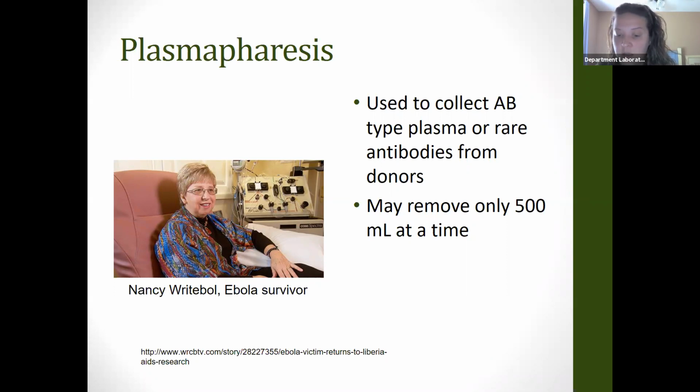I think in China, they were treating with one 200 mil dose of convalescent plasma. I did see one study that gave multiple doses, like 200 mil on one day, and then 1 to 2 days later gave another 200 mil dose. So there is that kind of research going on too about the dosage. But it's very interesting to see blood bank topics in the news, really highlighting the laboratory profession.